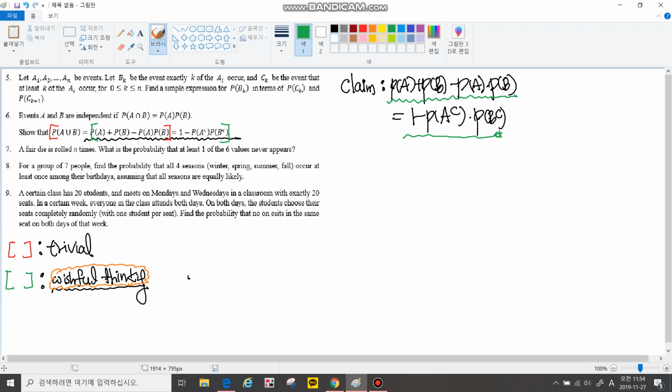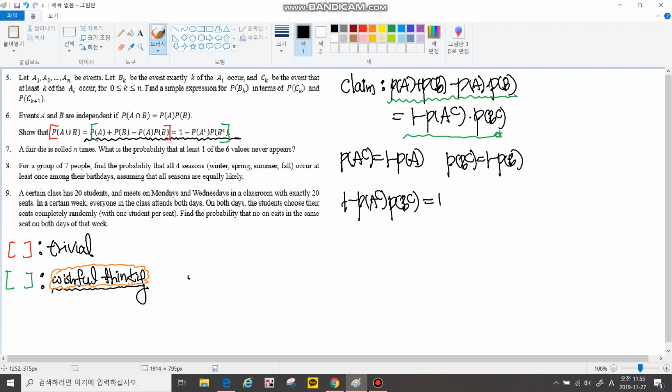And first of all, what we want to do is use the axioms of probability. Then we know that P(A complement) is 1 minus P(A), right? And then P(B complement) is 1 minus P(B). Therefore, 1 minus P(A complement) and P(B complement) is exactly equal to 1 minus (1 minus P(A)) times (1 minus P(B)). Do you agree?